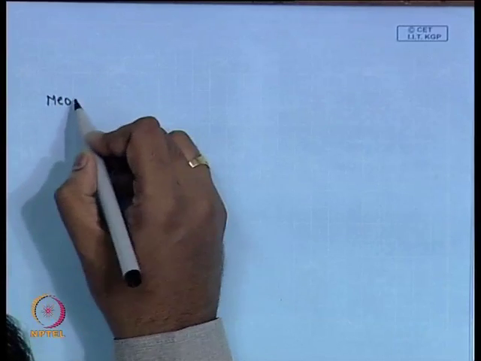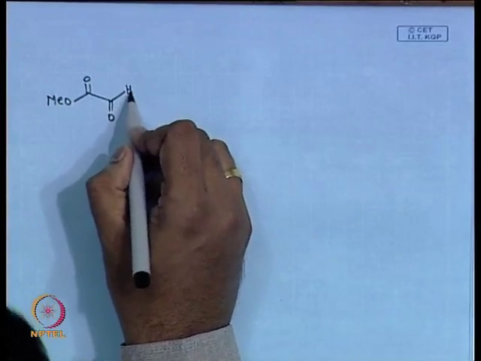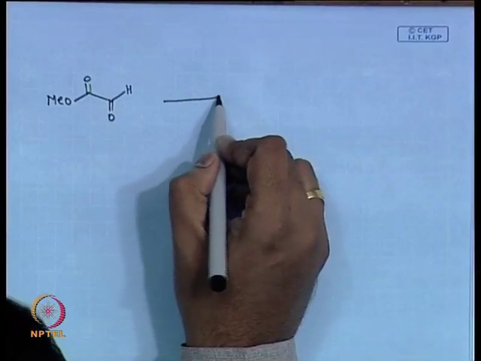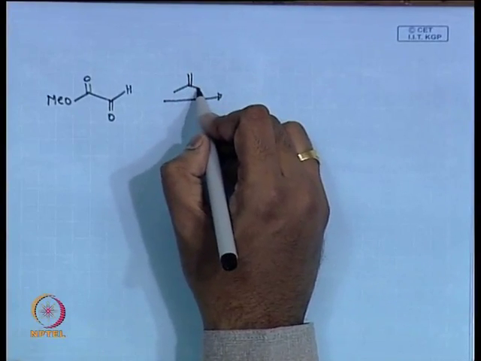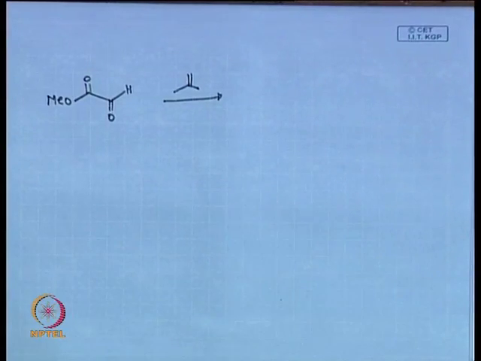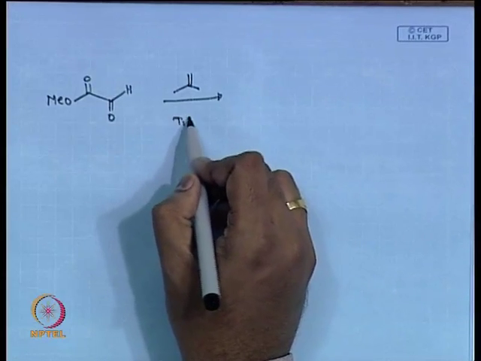Can we do a carbonyl ene reaction now? For example, I give you this reaction with oxide. Can you think about the reaction now? This reaction you can carry out in titanium.